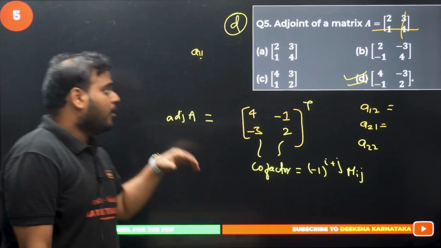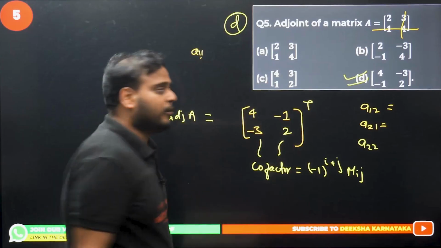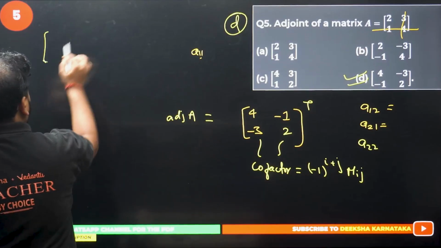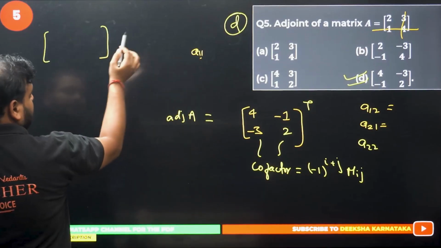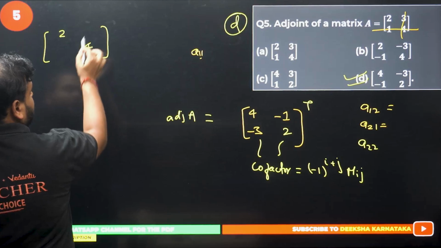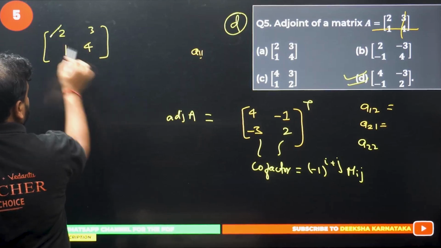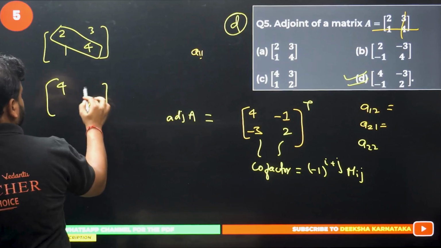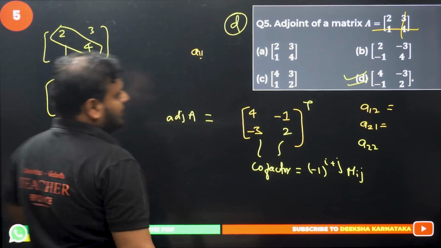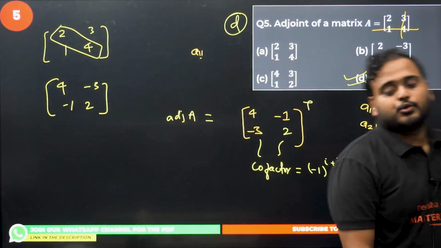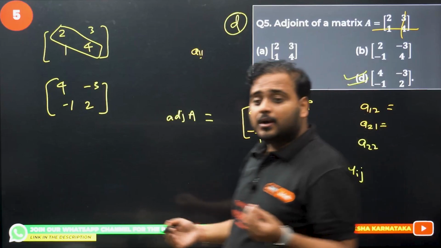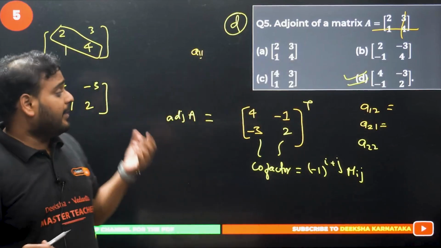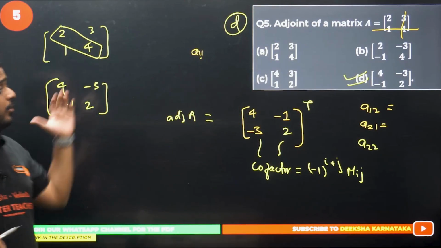Or in this one we have a short trick also. What's the trick? Interchange the elements. This is given as 2 4 3 1. Interchange these two, it will become 4 2, and sign change, it will become -3 and -1. Answer is D. So either use the short trick to find adjoint, but the trick will only be valid if it is an MCQ.